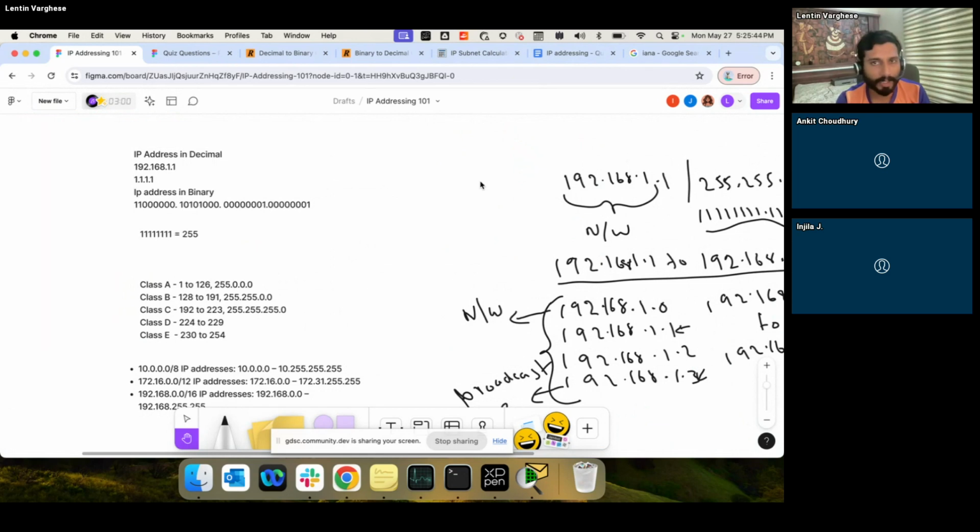Now, multicast address. Say that within a network, I would like to stream a video. Now, I don't want to send that to each computer in the network because I would be spamming. What I would do is send the stream to a multicast IP address. Whoever wants to watch that can subscribe to that multicast IP address.